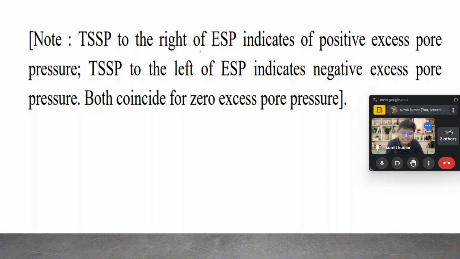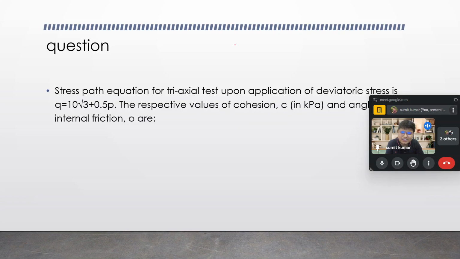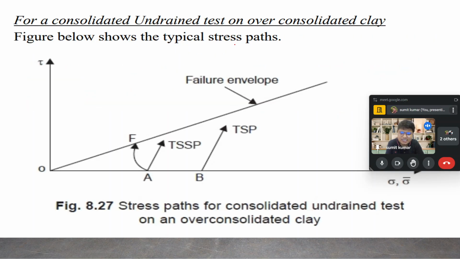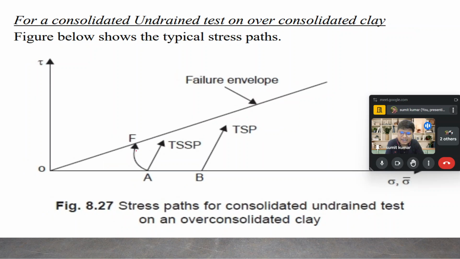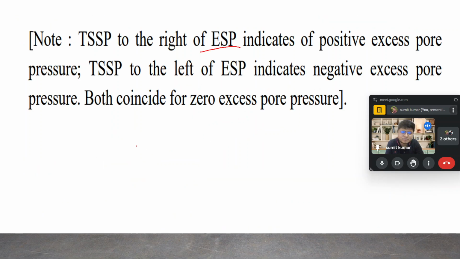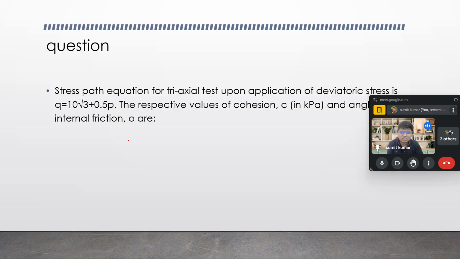You can see over here in this figure as well that TSSP is to the right of ESP for positive excess pore water pressure, and TSSP is to the left of ESP for negative excess pore water pressure. So both coincide for zero excess pore water pressure. So over here we understood those concepts.